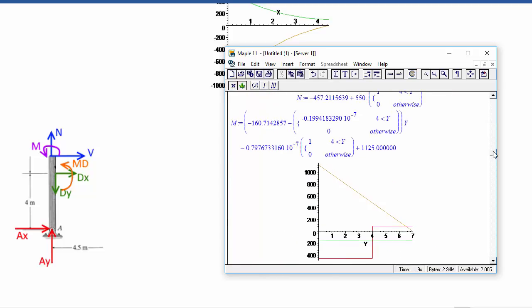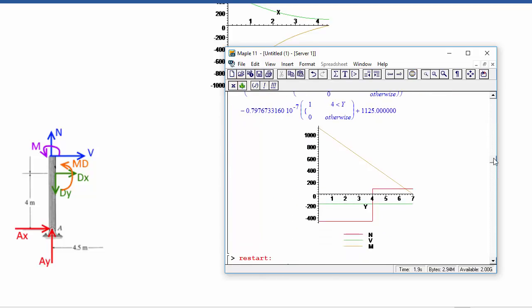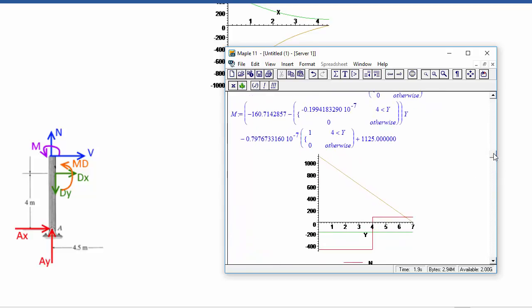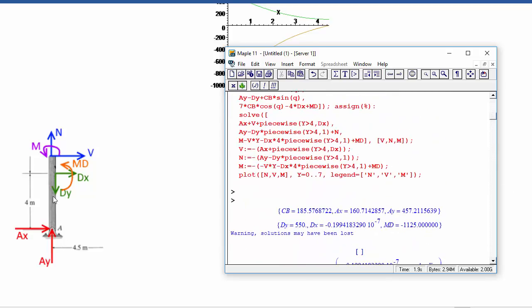And now, yes, okay. So what this is saying is that the moment actually goes down to 0. You know, what happened is, so now it's wrong at the other end. Why is that? Well, because md only gets applied when we're at a y that's bigger than 4.